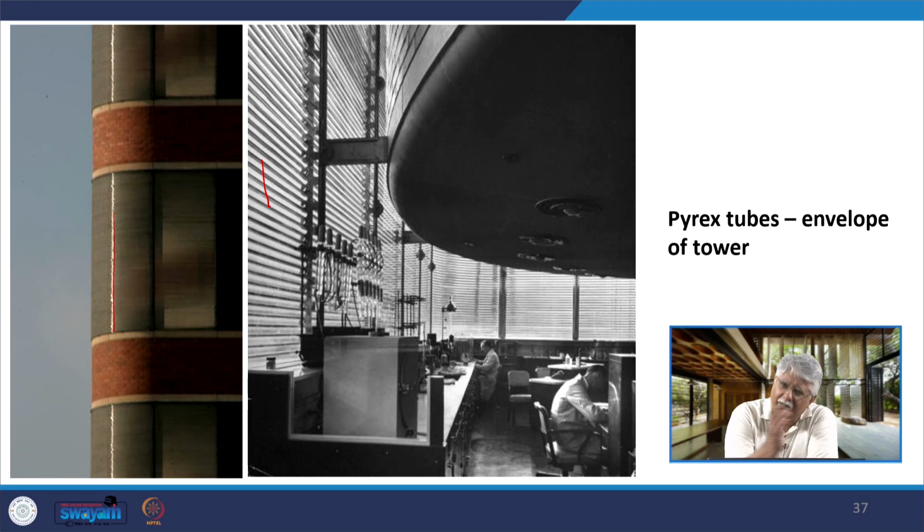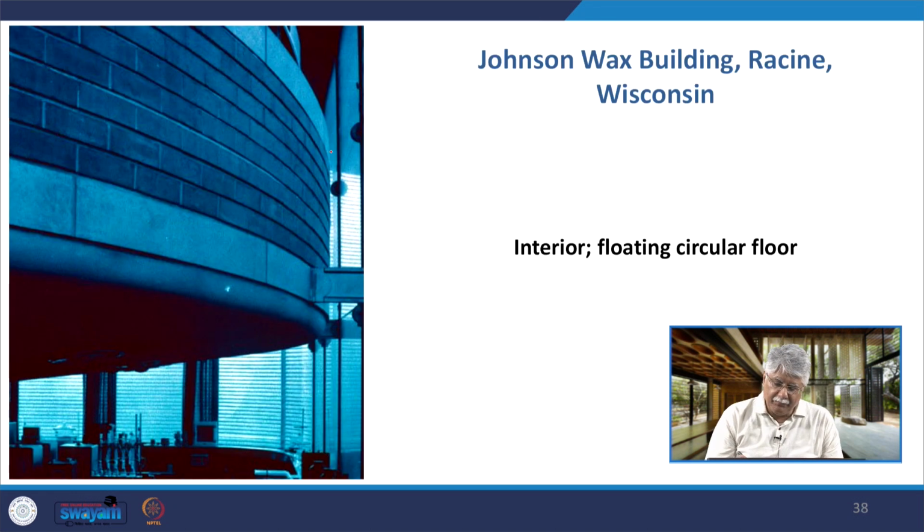This is all curtain wall Pyrex tube wrapped around the building. So much so he has even taken it at a higher fascinating level, in that each alternate floor is actually circular, it is just about touching the Pyrex tube, and it is as if floating, because it is also cantilevered from the trunk.